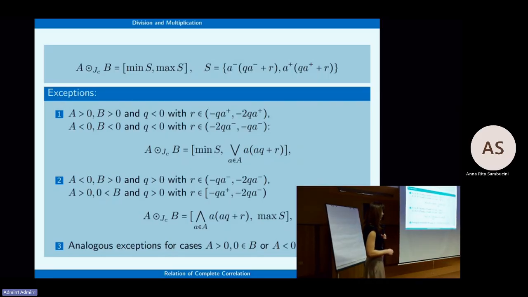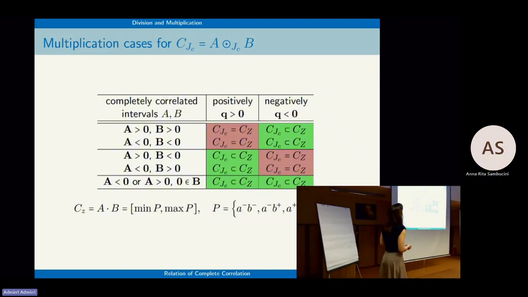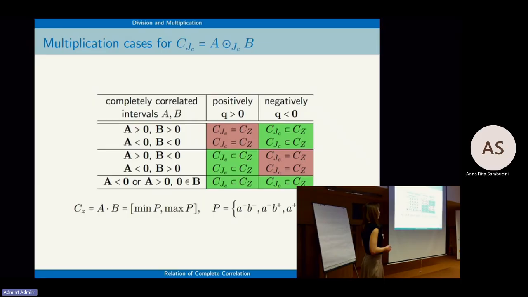We need to search for the supremum. And again, the similar situation is when one of these intervals is positive and one is negative. So it is possible to find it, but it's not straightforwardly given by the borders of the intervals. Again, it's dependent on the positive or negative correlation.